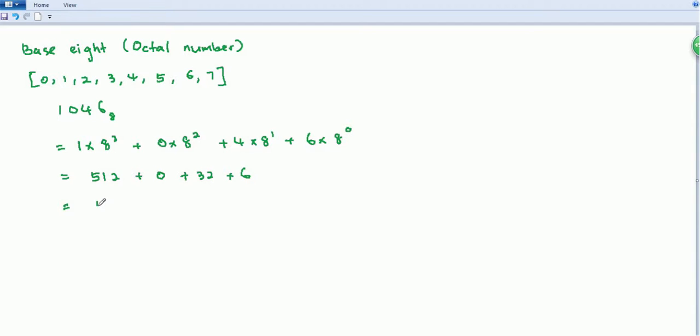You get 550 in base 10. Okay, so now you already know how to change a number in base 5 and base 8 to a number in base 10.